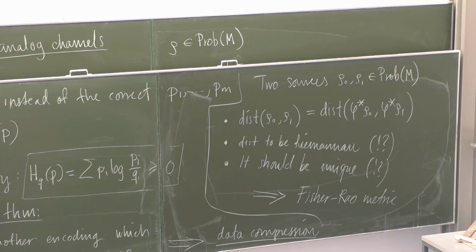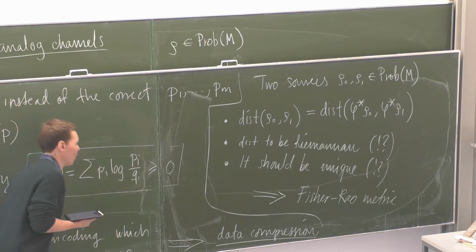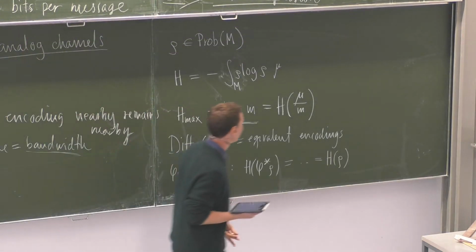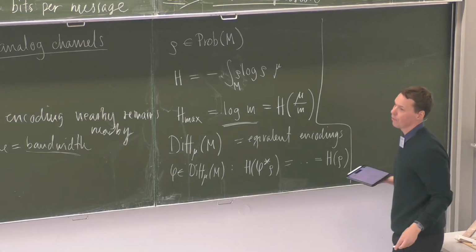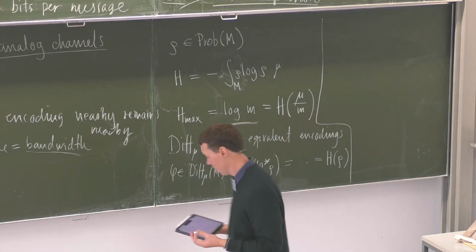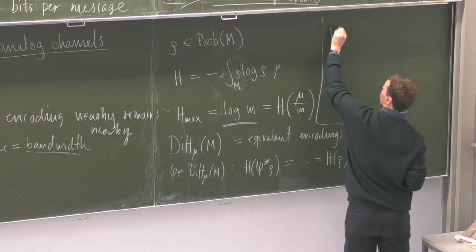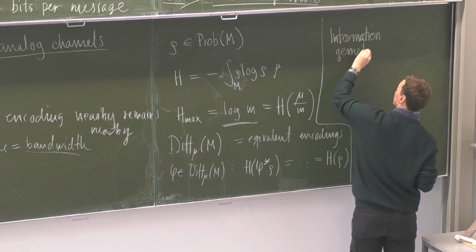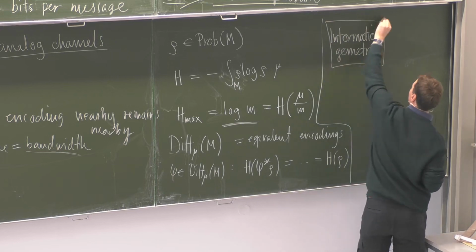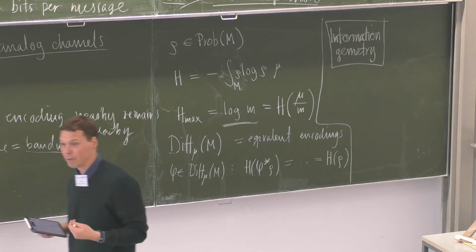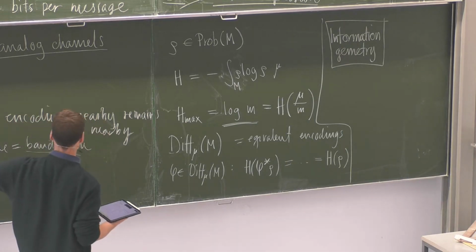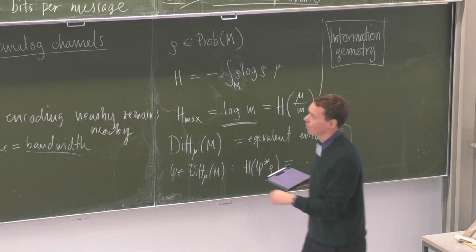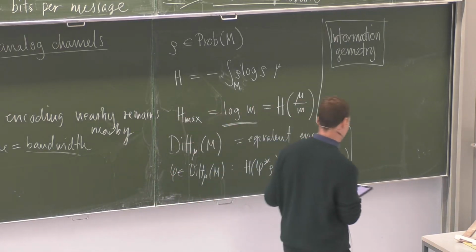And the story that I'm going to tell you from tomorrow is to show how this Fisher-Rao metric, which comes up in information geometry, which is the Riemannian geometry of statistics, or if you take this point of view, Riemannian geometry of information theory, is connected to the Riemannian geometry of diffeomorphisms, which is normally called geometric hydrodynamics.